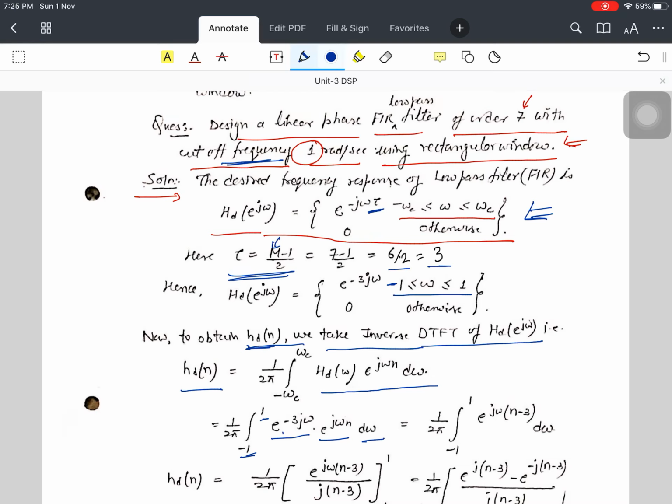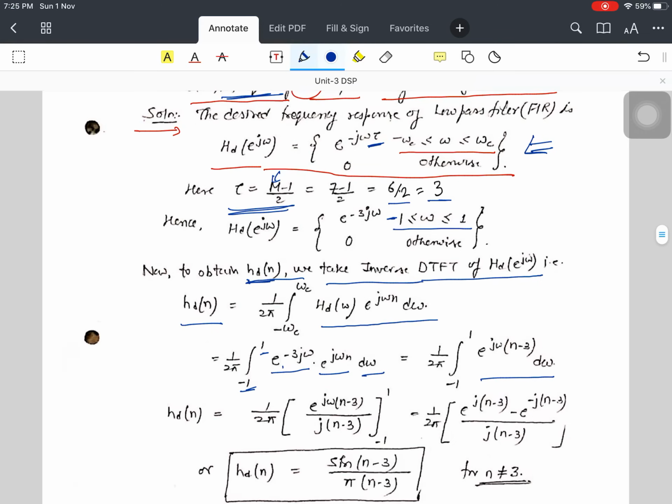We can rewrite this function as 1/2π integral from -1 to 1 of e^(jω(n-3)) dω. When we solve this integration, we get 1/2π [e^(jω(n-3))/(j(n-3))] from -1 to 1.